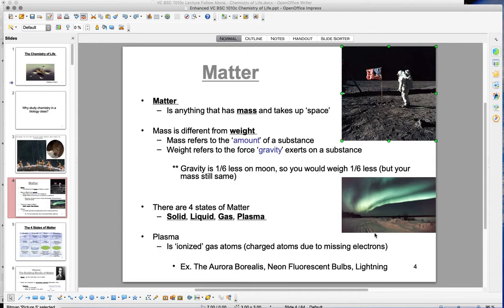Some examples of plasma that you've seen or heard of are the aurora borealis, or the northern lights, neon fluorescent bulbs, and lightning. Those are all examples of charged gas, which is plasma.